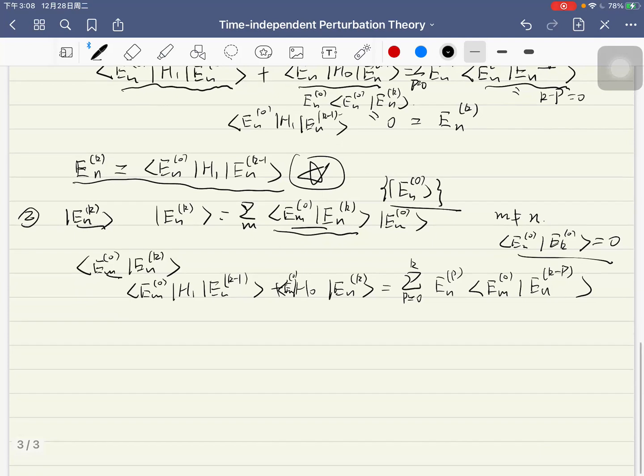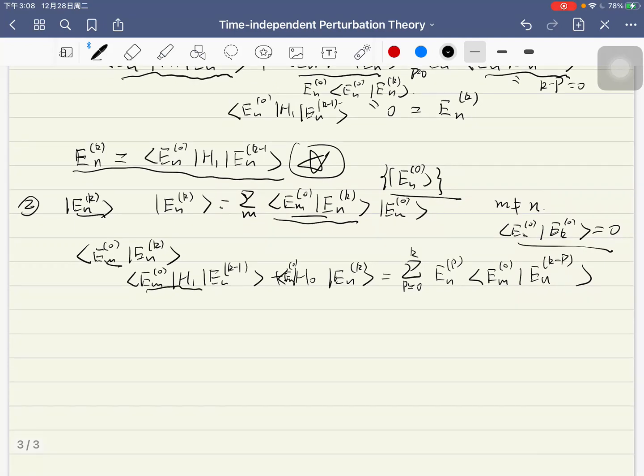So let's observe each term. This term cannot be simplified. As this term becomes E_m0 E_nk.